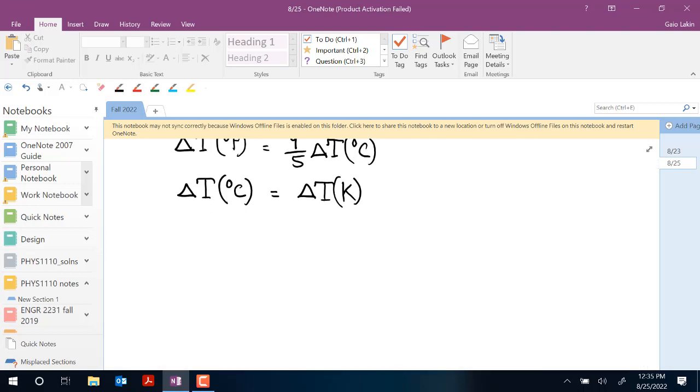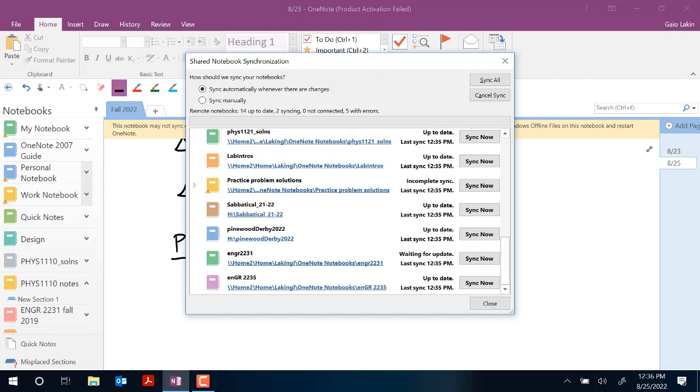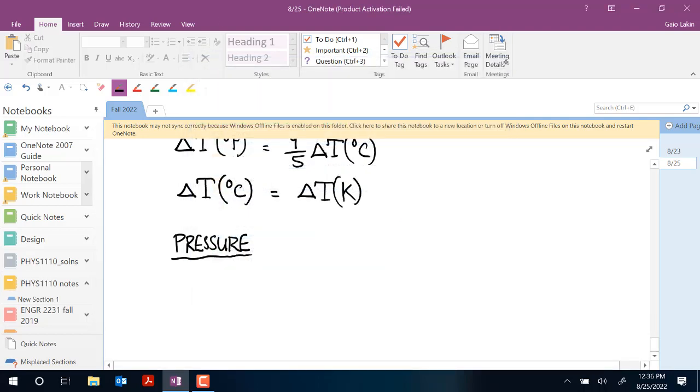All right, now let's talk about the definition of pressure. That's going to be a really important thing for us. Pressure is mainly applicable to fluids. Sometimes you see pressure in discussions of solids. And by fluids, I mean gases and liquids. So this is mainly applicable to fluids, liquids, and gases.